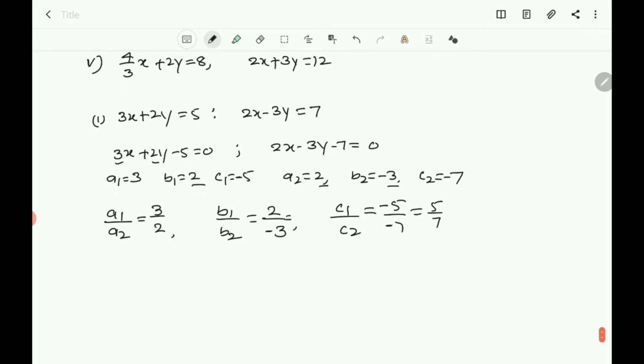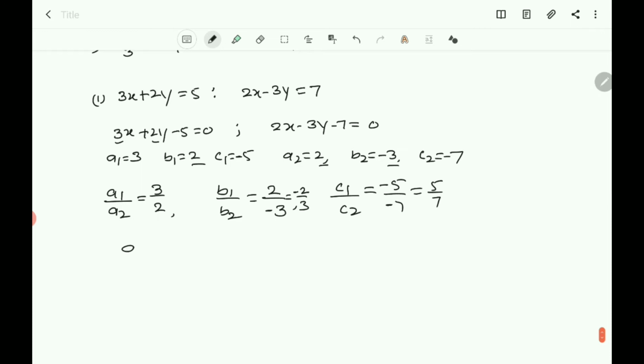Here you can't take the negative in the denominator, so you write minus 2 by 3. So here a1 by a2 is not equal to b1 by b2, and further is not needed here.